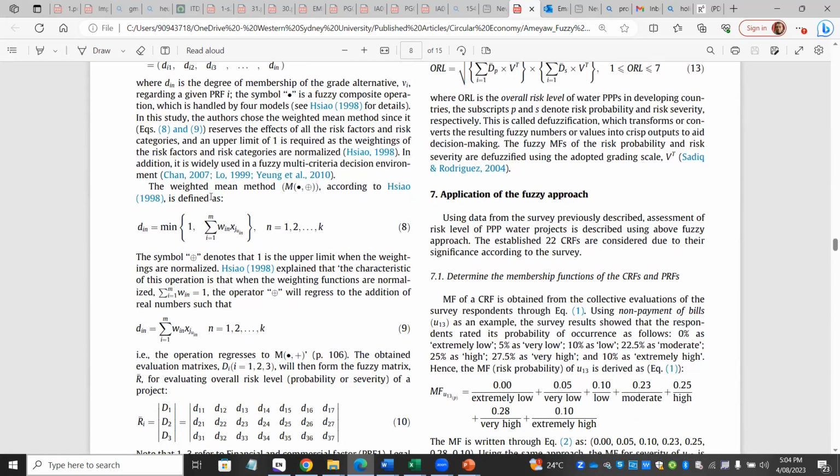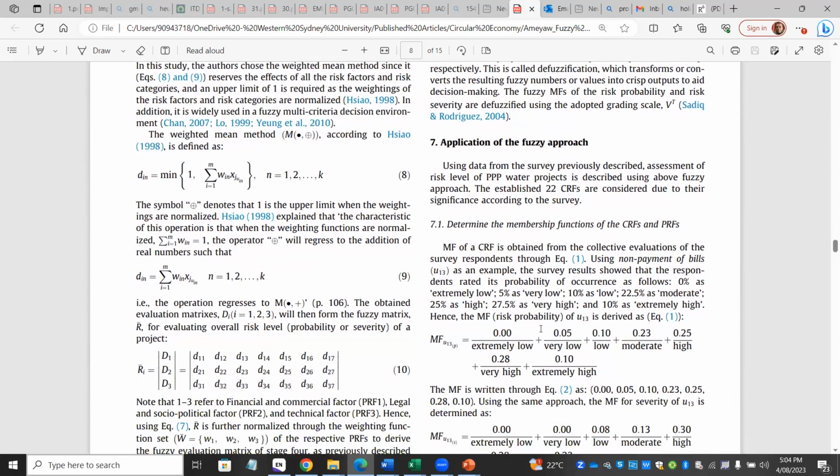Okay, so for the non-payment of bills, the survey results show that the respondents rated its probability of occurrence as follows. 0% as extremely low. In other words, no respondent ticked extremely low.